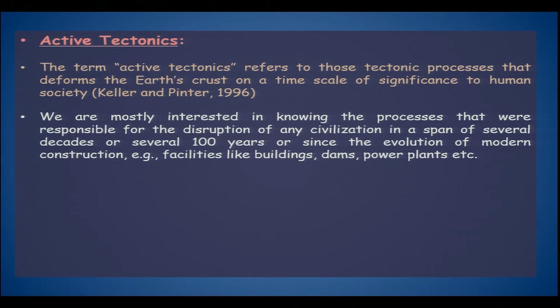In the past, there are signatures or evidence which tell us about human migration because of major earthquakes.